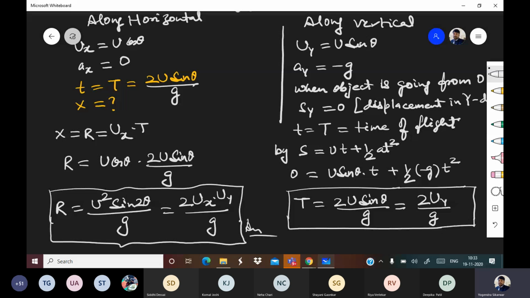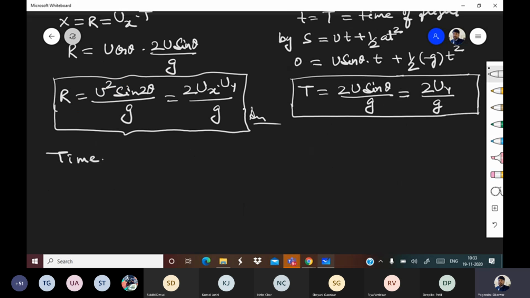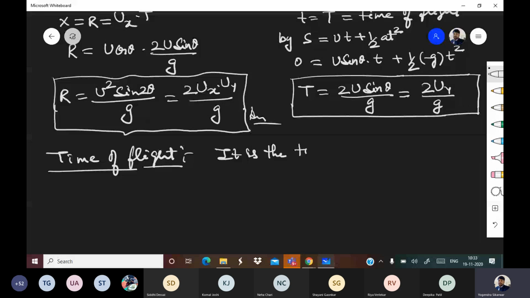Okay, now let us write a few definitions. So first is time of flight. Time of flight is the time during which a projectile remains in air.